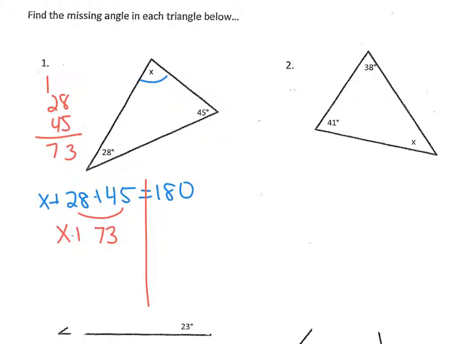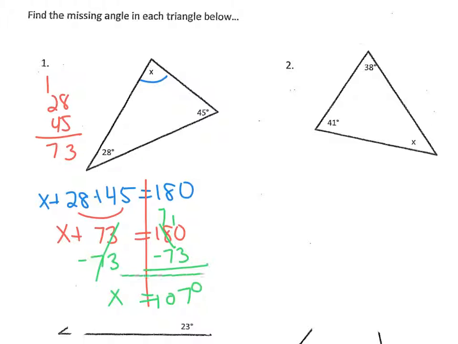So we have x plus 73 equals 180. Then we would subtract 73 from both sides. So x equals 180 minus 73, which gives you 107 degrees. So this angle is 107 degrees.